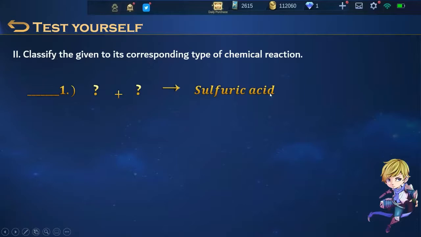Okay, now sulfuric acid, remember acid naming. Sulfuric acid, another term niya is hydrogen sulfate, so that ends with ate. Hydrogen sulfate. Now clue, so this is the chemical formula H2SO4.